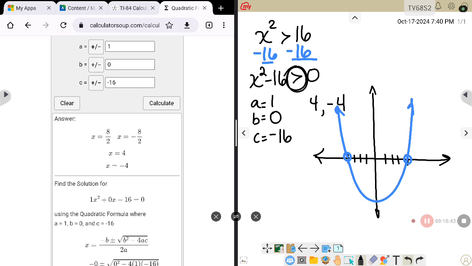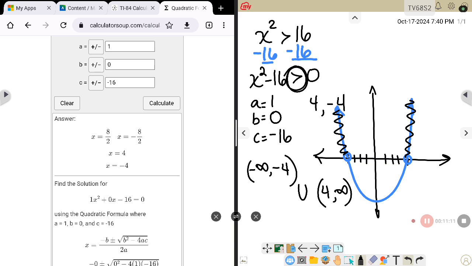So greater than is above the x-axis, which means above the x-axis would be from negative infinity to negative 4. This one does not have the equal to bar, so that means negative 4 needs a parenthesis, and then in union with positive 4 to infinity.